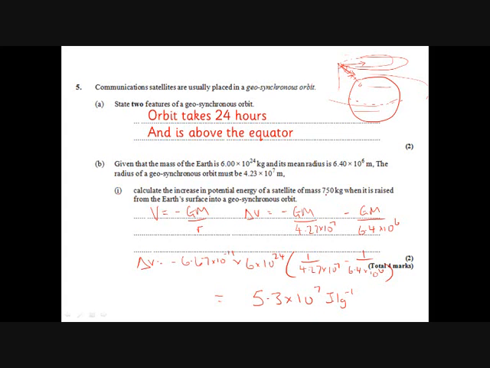But we're moving a 750 kilogram satellite, so the energy we need is m delta V, 750 times 5.3 times 10 to the 7, which gives us 4.0 times 10 to the 10 joules.